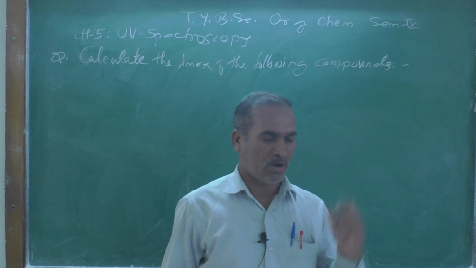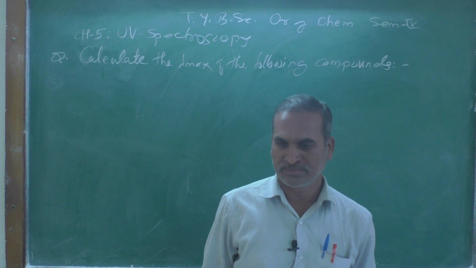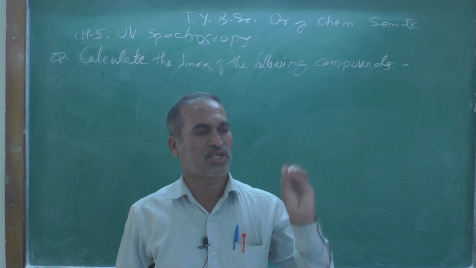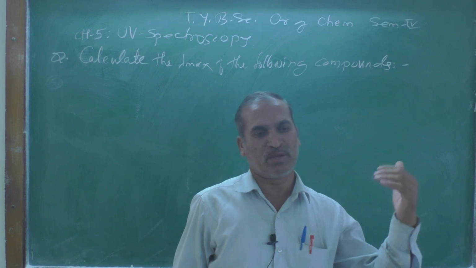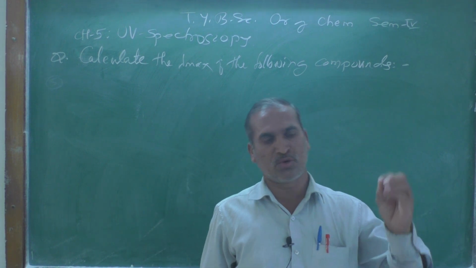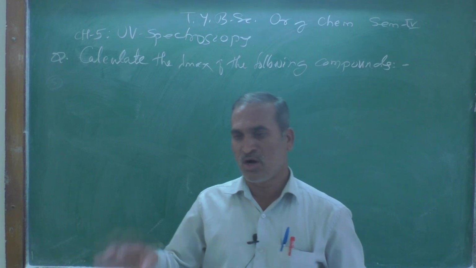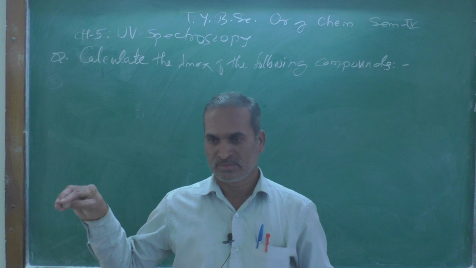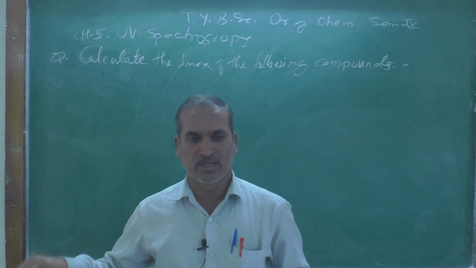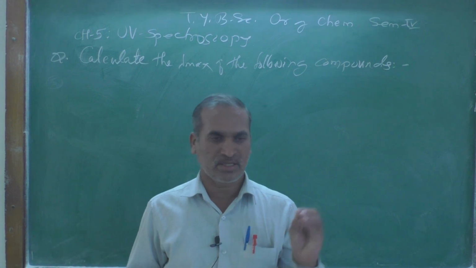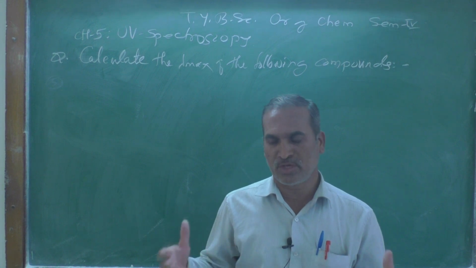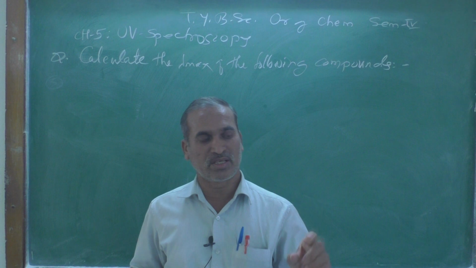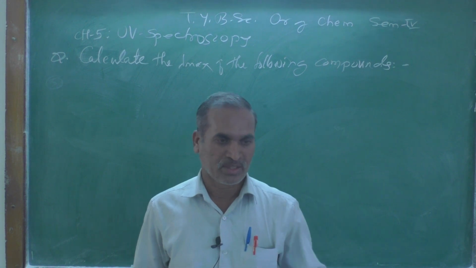Another prominent point we are identifying is extended conjugation. What do you mean by extended conjugation? How to identify it? How much to add in lambda max? Those are the points we already discussed. And the last one is the substituent.